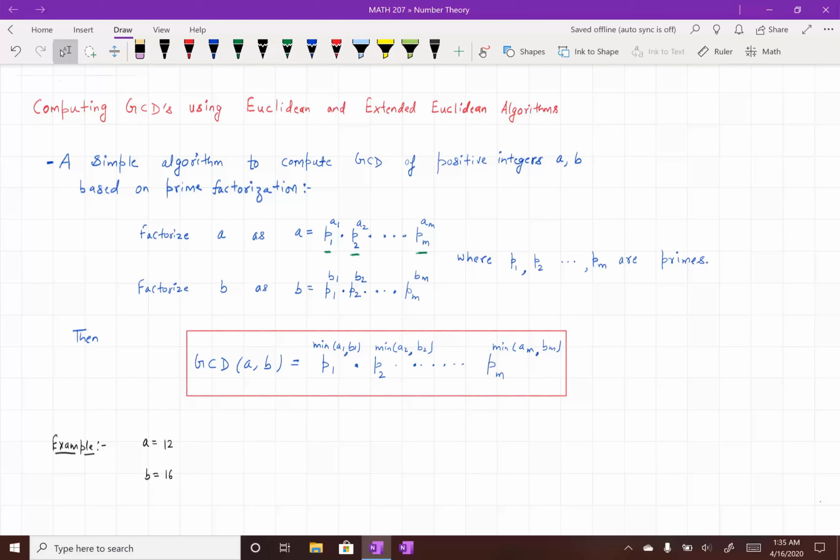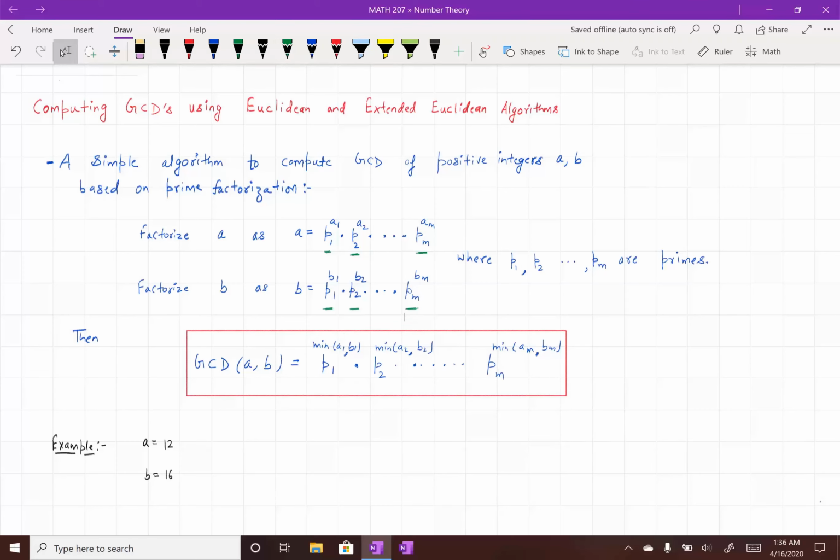And b is factorized as the product of p1 to the power b1 times p2 to the power b2, all the way up to pm to the power bm, where b1, b2, up to bm are non-negative integers.